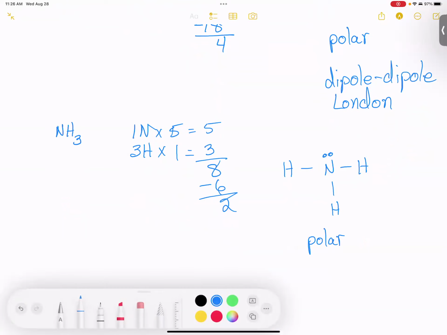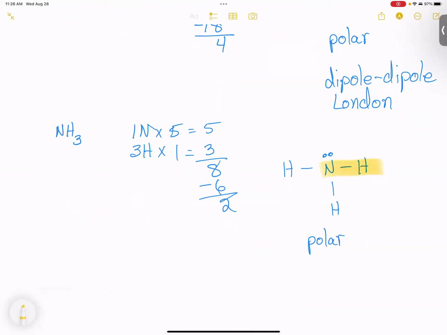But in this particular case, this is a special category of polar because it also has an NH bond.